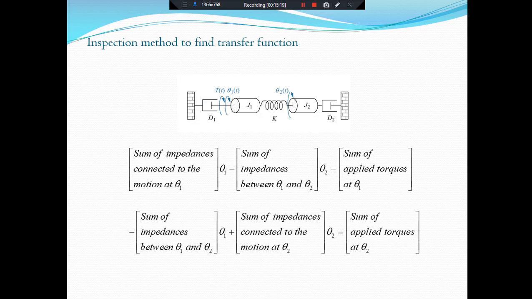And now we will study how we can write the equation directly. This is the same as we have studied earlier for the mechanical translational system and the electrical system.